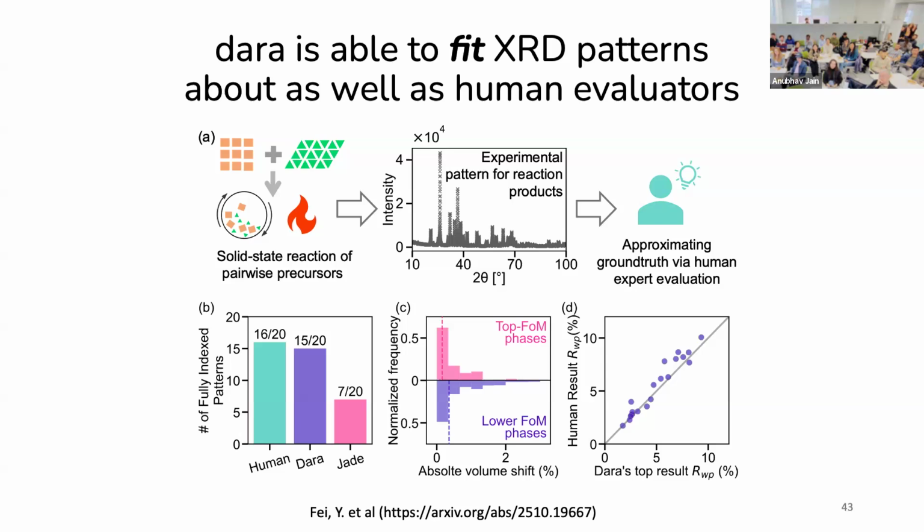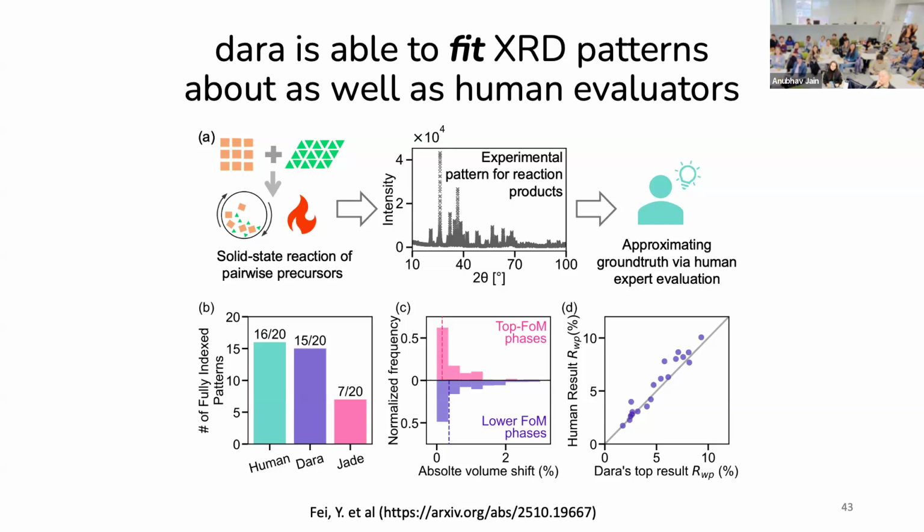They looked at the fraction of patterns where they could fully index the pattern, meaning that all the different peaks were explained by the compound mixture they determined. They found that DARA can fit the XRD about as well as a human, meaning it accounts for all the peaks about as well. And the Rwp, which is another measure of goodness of fit, also matched the human one. So that was a pretty good result.